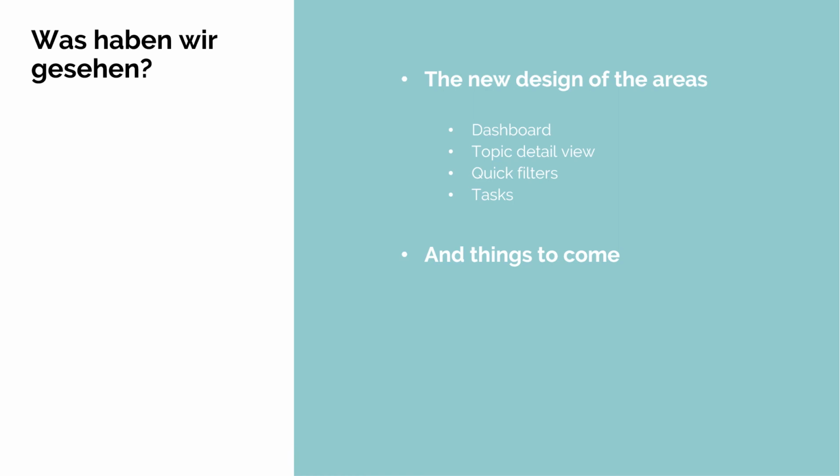Please take note that we are not finished with the new designs. Maybe there are parts of the editorial organizer that are not in the new design yet. We will constantly work on that, so we will have the new design finished as soon as possible.